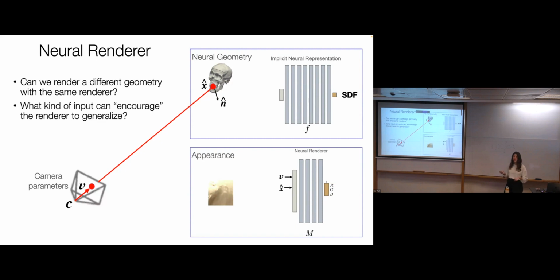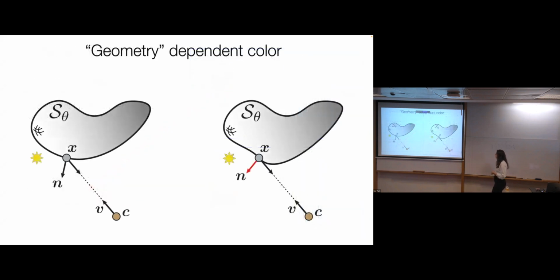Another way to think of the normal is as describing the local geometry around the intersection point. So we want to condition the appearance model on local geometry information in order to render it perfectly. Maybe to better demonstrate it, we're going to call it geometry dependent color.